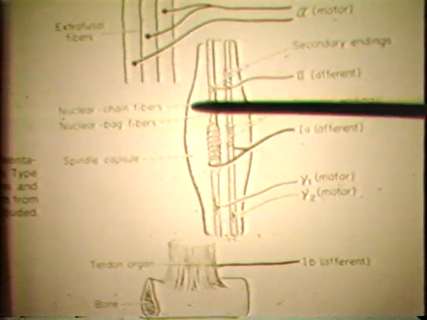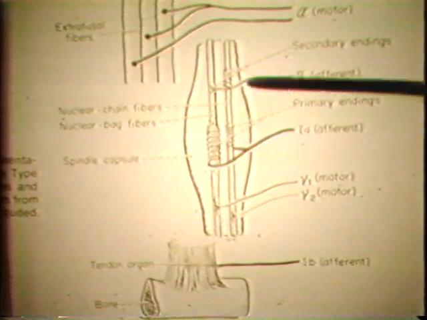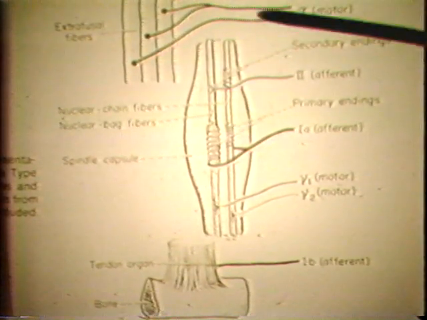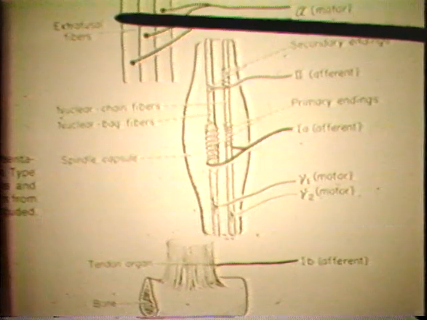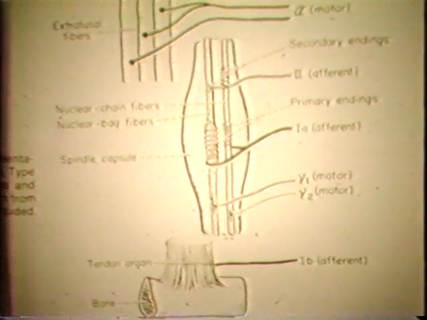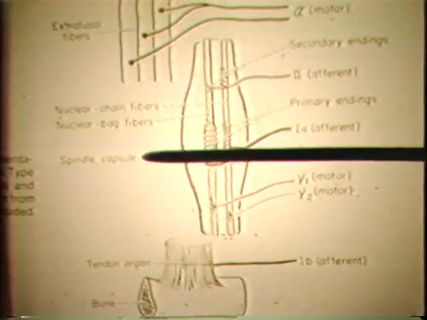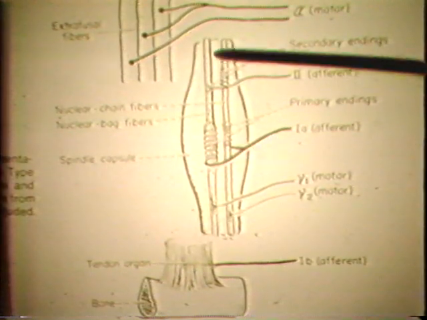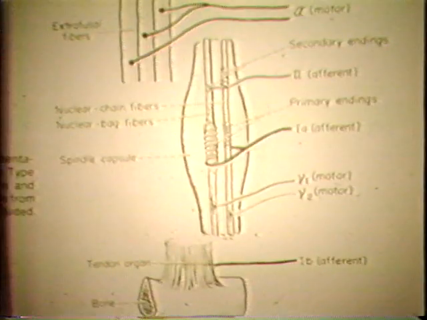The muscle spindle is found in parallel with the muscle fiber. We can refer to the muscle fiber itself as the extrafusal fiber, and we will refer to the nuclear chain and nuclear bag fiber as the intrafusal fiber.